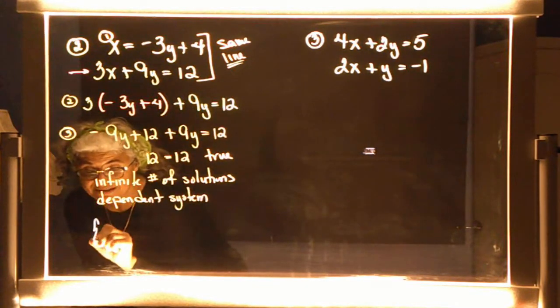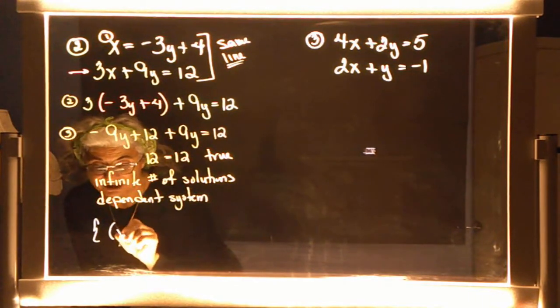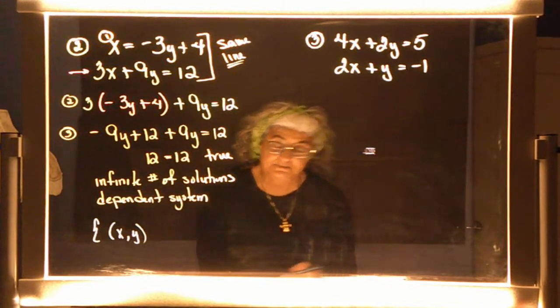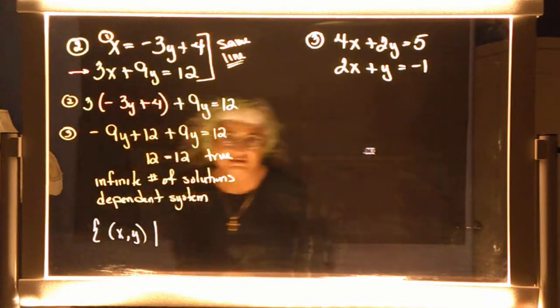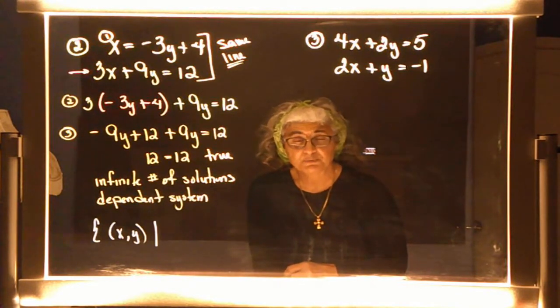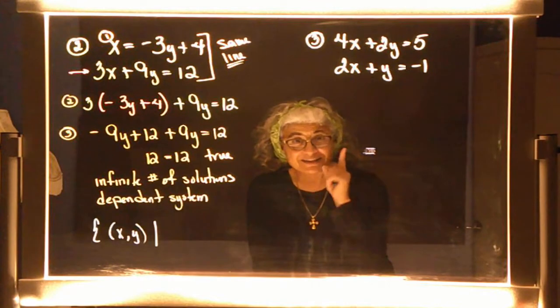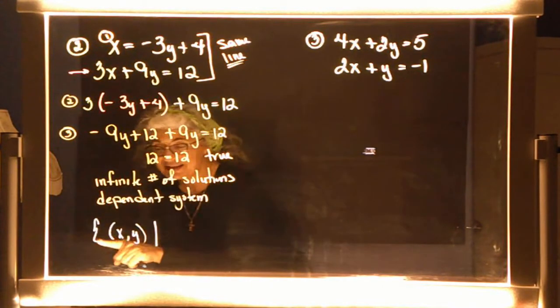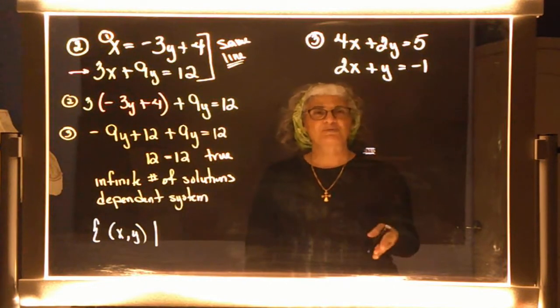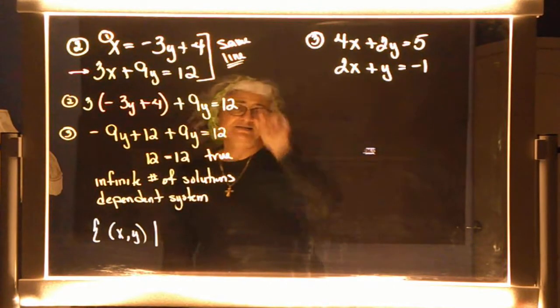We have the set of xy, because it's a set of points, right? Such that. That's what that line means, is such that. So remember, this is set notation because those little braces are read as the set. So we have the set of xy such that, now remember what we said, these are the exact same line, aren't they?